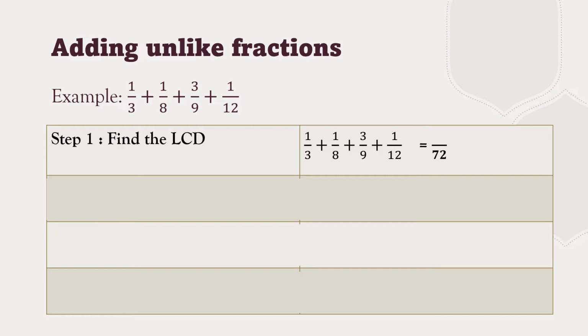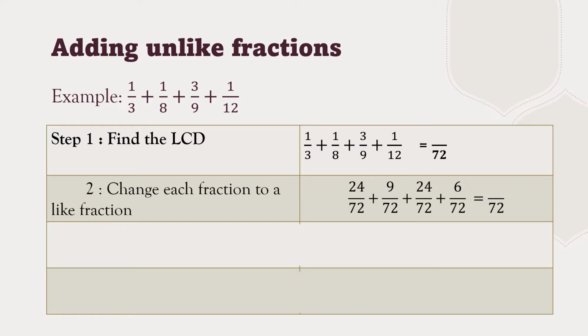Okay, so now we have already found the LCD. Next step that we do is to change its fraction to a like fraction. So since we now have the LCD, we have to make all our fractions like fractions. So how to make this?